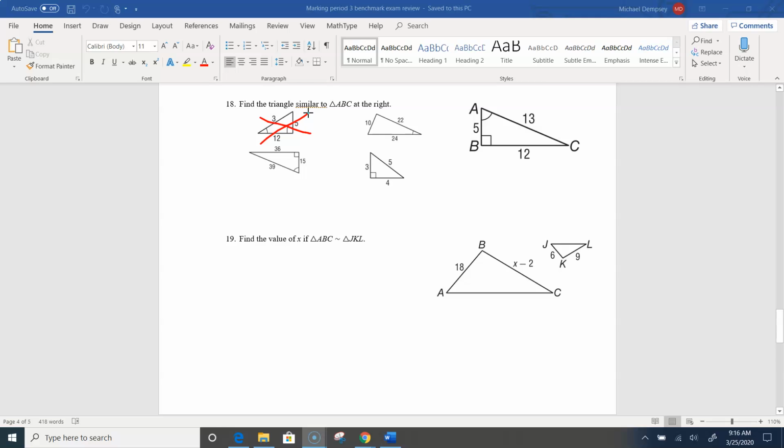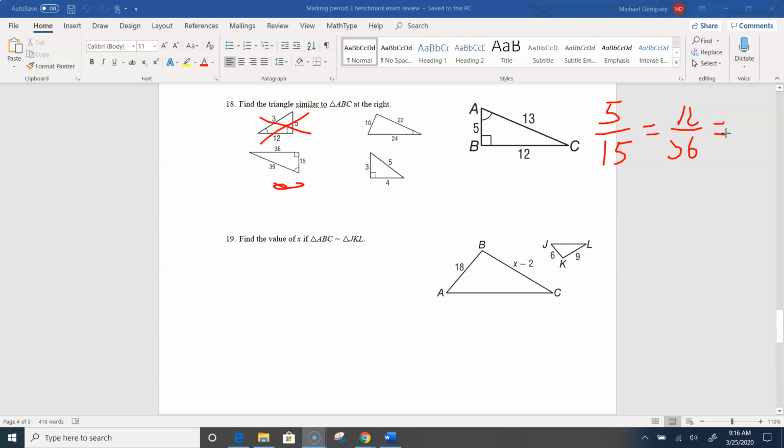When I look at the other two, I don't even see the angle-angle setup, right? In order for triangles to be similar, I need at least two angles similar. So I can see that here I have the angle-angle in this triangle. If we look at the ratio, the smallest side in each triangle, this one here is 5, and the other triangle is 15. That ratio ought to be equal to the next side up, which would be 12 to 36.